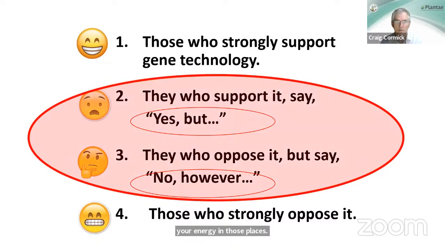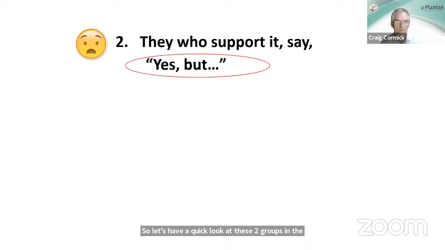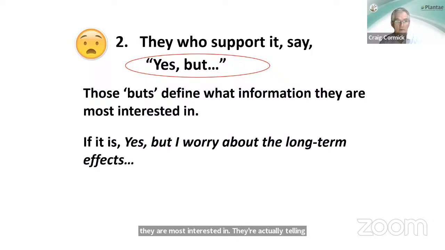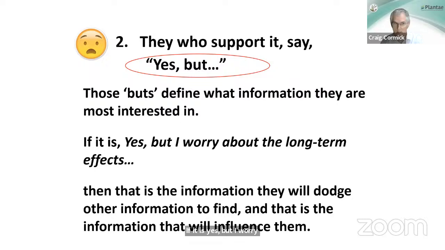So let's have a quick look at these 2 groups in the middle, the vital groups of the public. Those who say yes, but, that but defines what information they are most interested in. They're actually telling you what they want to hear. If it is yes, but I worry about the long-term effects, then that's the information they will seek, dodging all other information you give them, and that's the information that will influence their opinion and attitude.